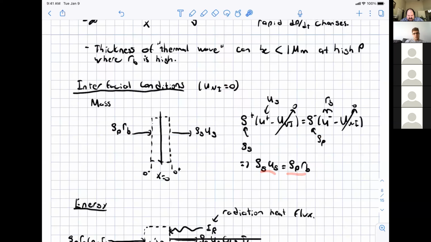Basically that the mass flux is constant. But due to the massive density difference between the gas phase and the propellant, you will have a very large change in the velocity. So even if the propellant is burning at, say, 5 millimeters per second, the gas will be flowing on the order of, say, 10 centimeters per second. So there's a pretty big change in the gas phase velocity.